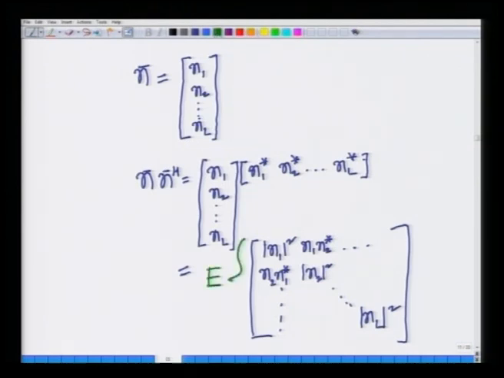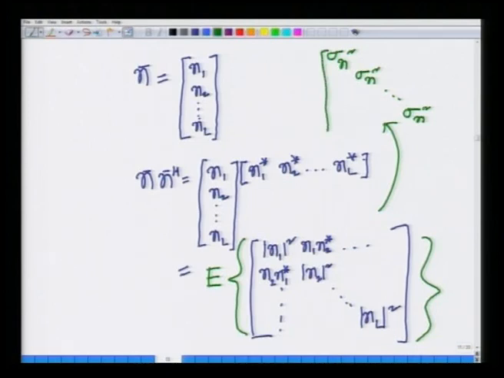let me write that expectation down here. Along the diagonals I will have sigma n squared, sigma n squared, sigma n squared, and off the diagonals I have the cross terms, but the cross terms are 0, because if I take expected n1 n2 conjugate, that is expected n1 times expected n2 conjugate, which are both 0.